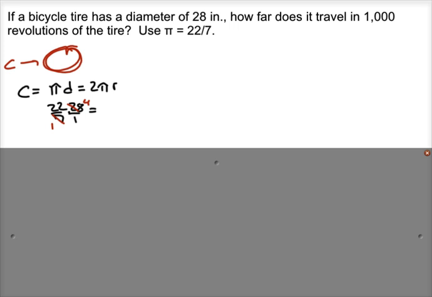If I multiply across, 22 times 4 is 88 inches. Going through 1,000 revolutions, I take 88 inches times 1,000 revolutions, which is 88,000 inches.